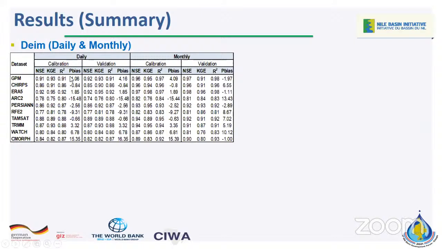All the 10 data sets achieved good to excellent hydrological performance over the Blue Nile Basin. You can see here the values of NSE, KGE, R squared, and percent bias for daily time step calibration and validation periods. Also for monthly time steps calibration and validation periods.